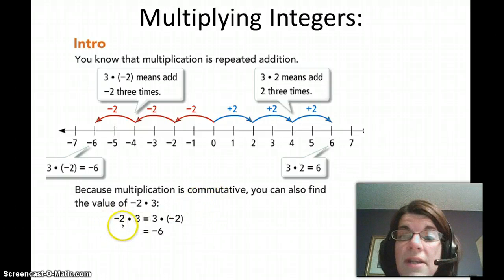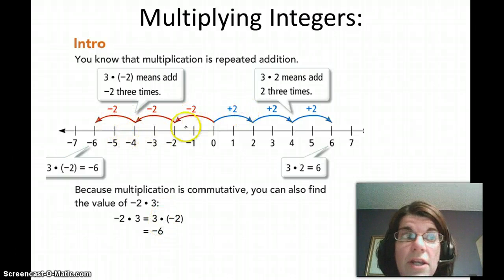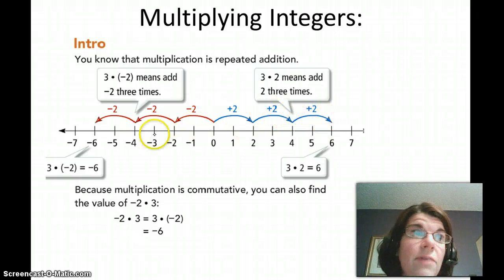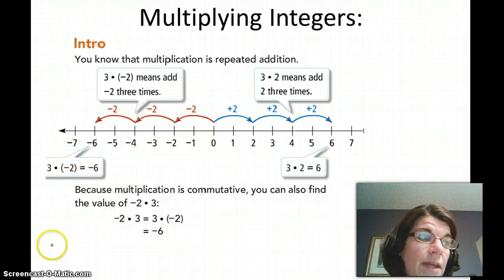So that means that negative 2 times 3 and 3 times negative 2 must give you the same answer of negative 6. So repeated addition is multiplication. The same thing happens when you add: 3 positive 2's, you get a positive, and when you add 3 negative 2's, you end up with a negative.